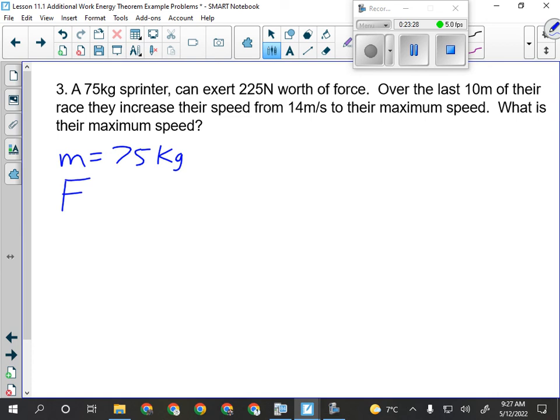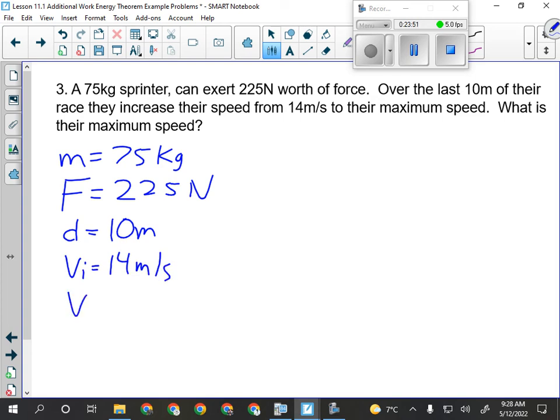We know the force they can exert is 225 newtons. Okay, we know that the distance over which they exert that 225 newtons worth of force is the last 10 meters of the race. Okay, we know that they increase their speed from an initial value of 14 meters per second to their maximum speed. And we're supposed to calculate their maximum speed.